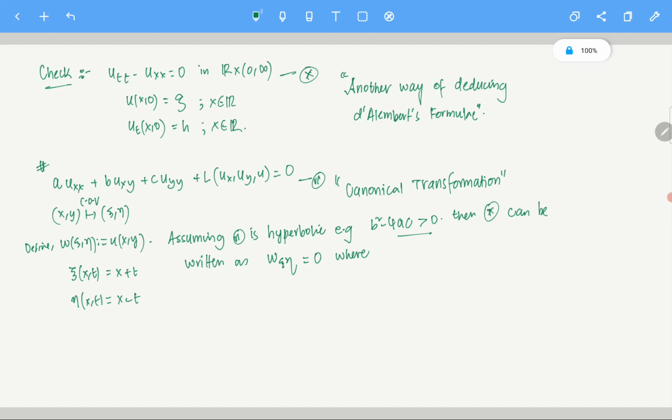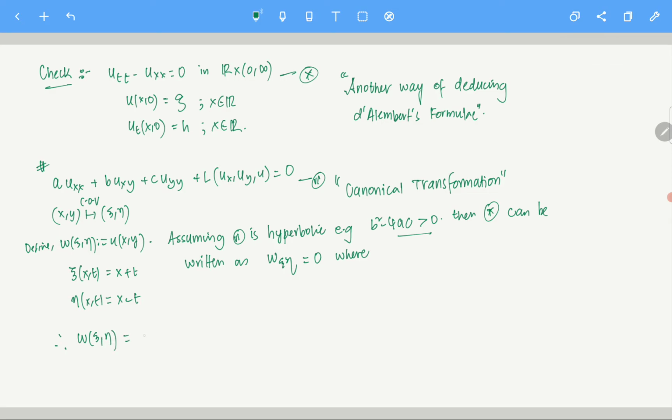Okay, and then with this change of variable and defining w to be u, you can actually reduce star to something like this: w of xi eta equals 0, where xi is x plus t and eta is x minus t. Clear? Now, if something like this happens, what is w of xi eta?